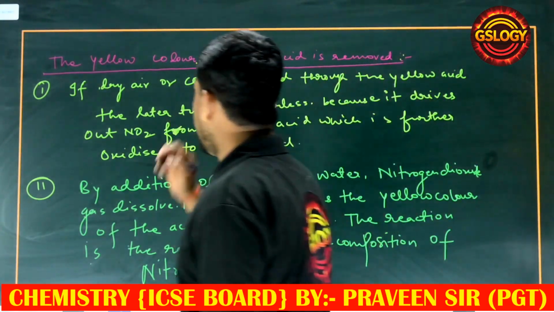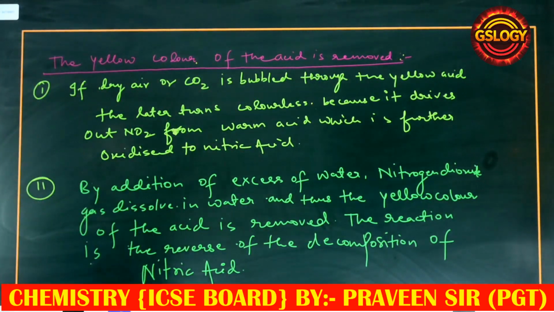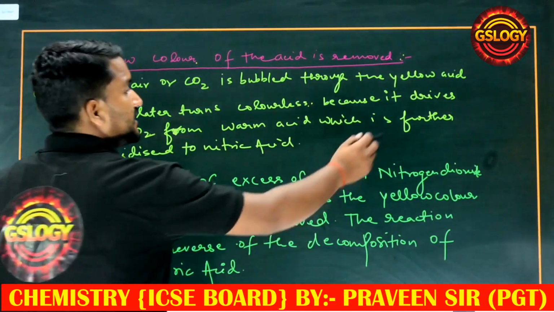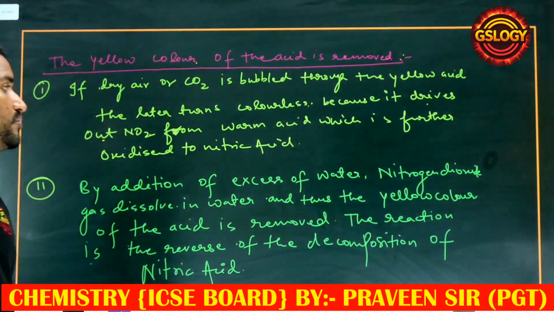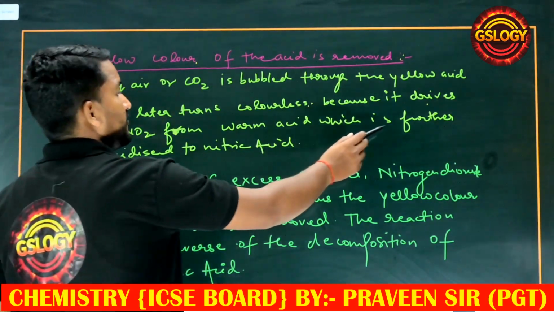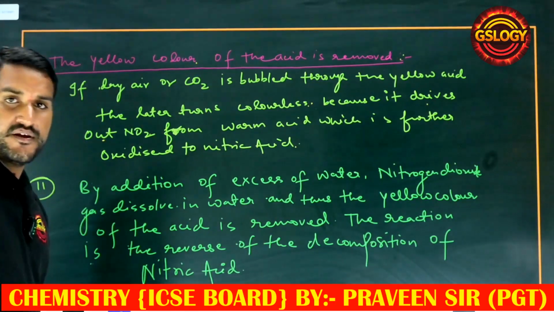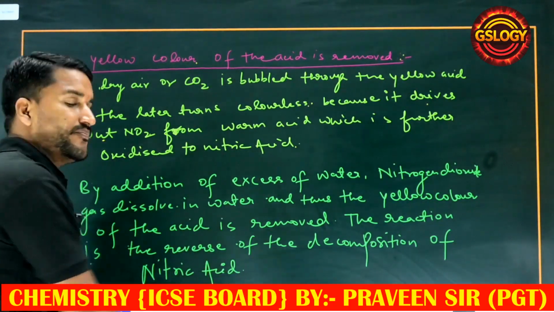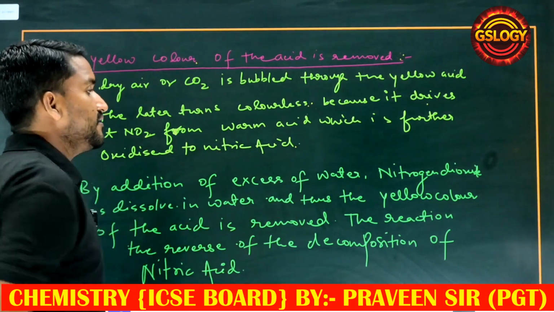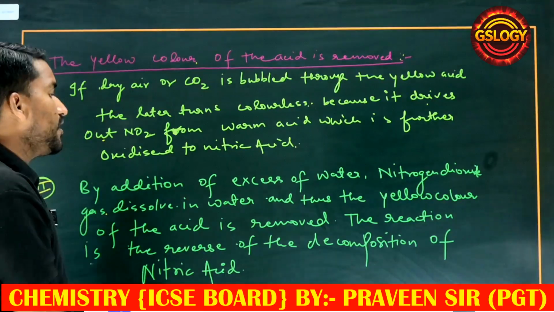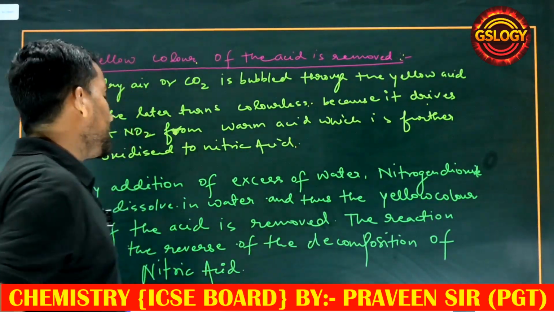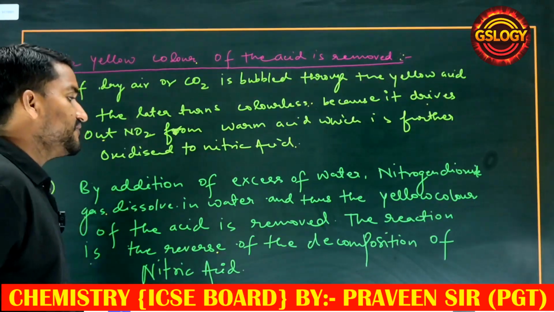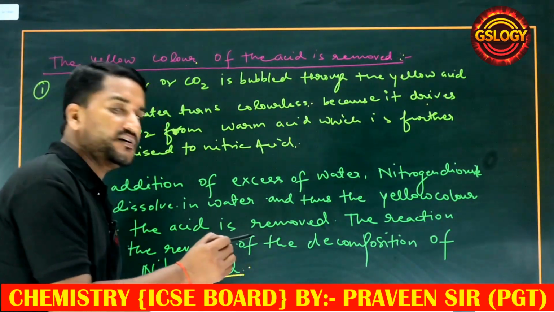Clear? Second point, by the addition of excess water, nitrogen dioxide gas dissolves in water, thus the yellow color of the acid is removed, and the reaction is the reverse of the decomposition of nitric acid.